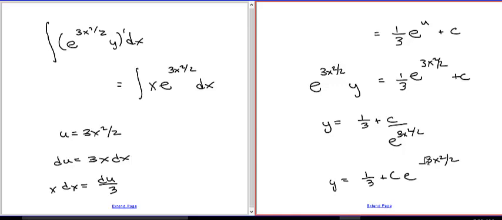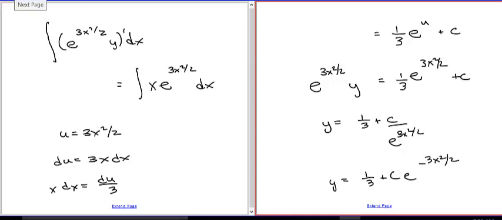You'd have to say u is x and dv is equal to x e to the 3x squared over 2, but if I were to do the second scenario, I would make it so that the integral on the right-hand side, after you've applied the integrating factor, would be something that would be solvable by a reasonably simple u substitution.